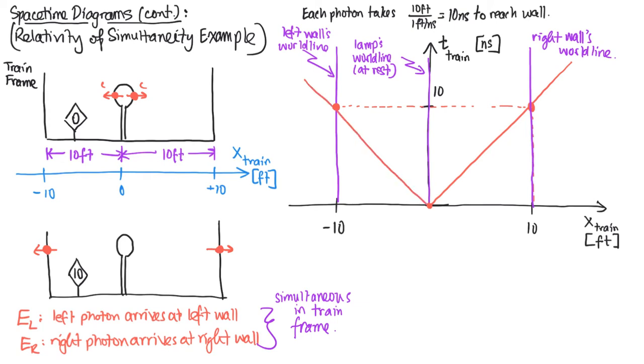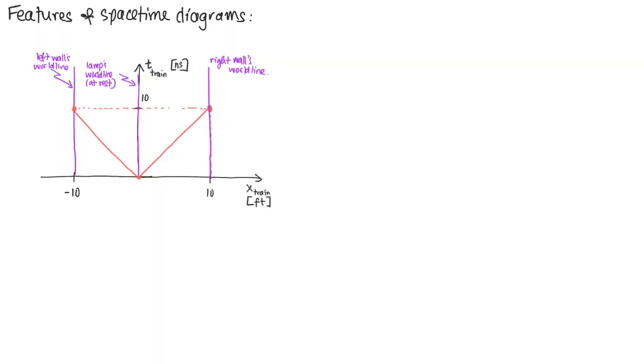And if you'd like, we can eliminate the world line once the photon hits the wall, because we can then say the photon has just been absorbed and there's no more photon. Now that we've drawn a space-time diagram for the situation, let's talk through some of its features. So here we have the same space-time diagram as in the previous slide, and we're going to use this to talk through some of the features that we see.